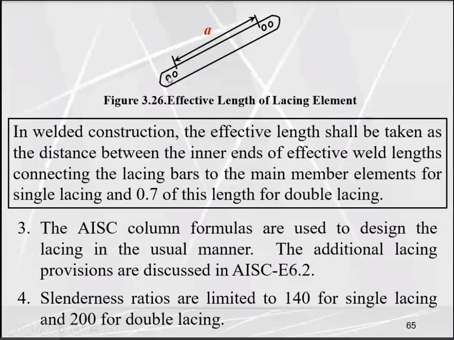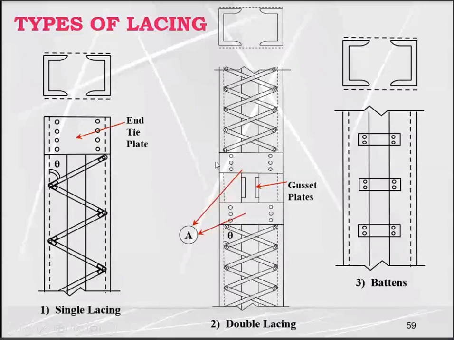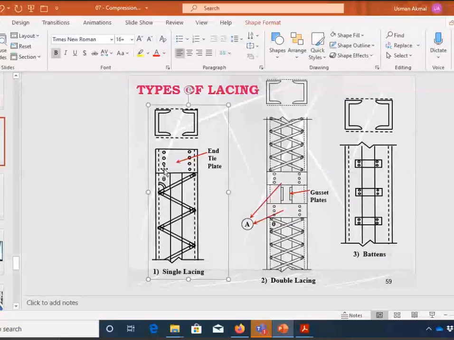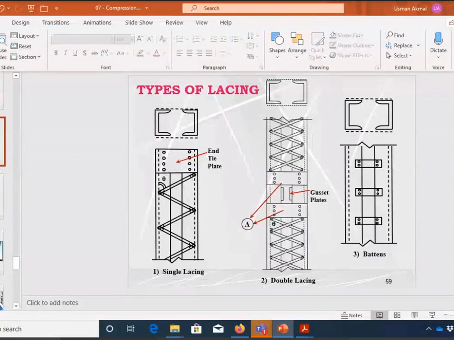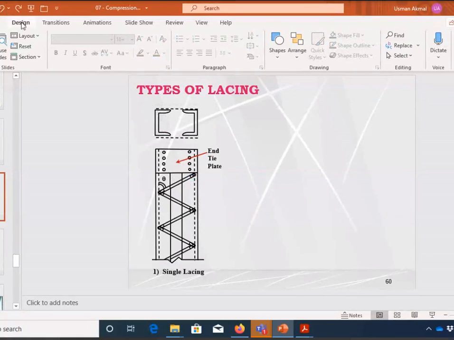Anyhow, if we are connecting with weld and weld is provided along the length, you can see that weld may be provided at the edges. I will explain how we can weld.